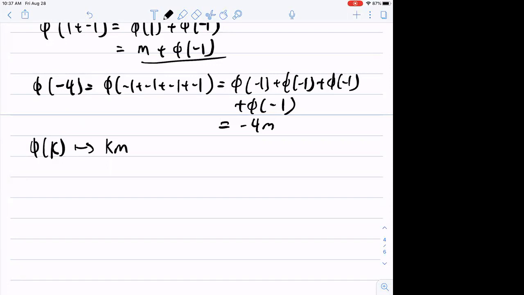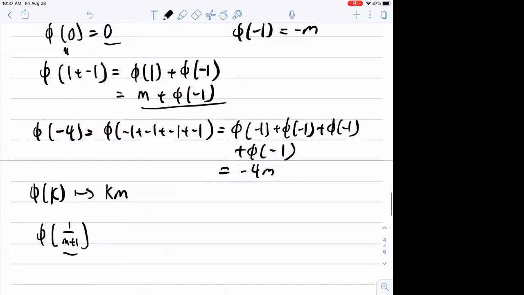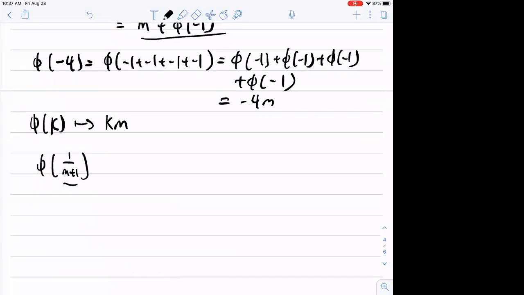Now here's the problem. Where does phi of 1 over m plus 1 go? This element is certainly a rational number, because m is an integer, for some m in the integers. So 1 over m plus 1 is certainly a rational number. Now, where must this map to?